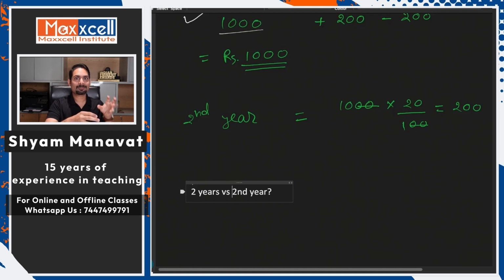So 2 years is first year plus second year. Second year is singular. It's a single noun. So second year is that particular year which you are talking about.